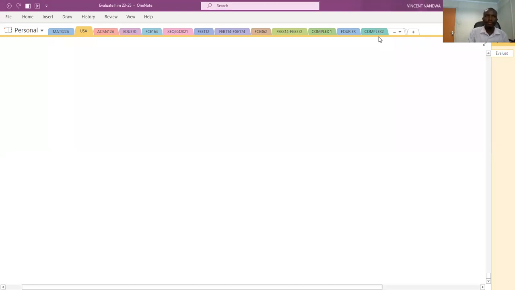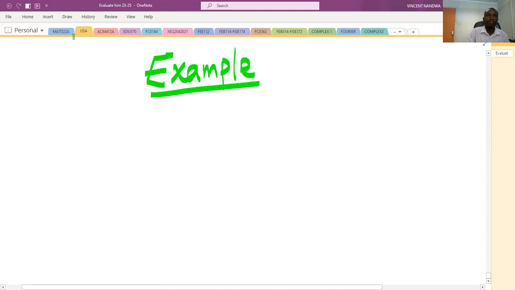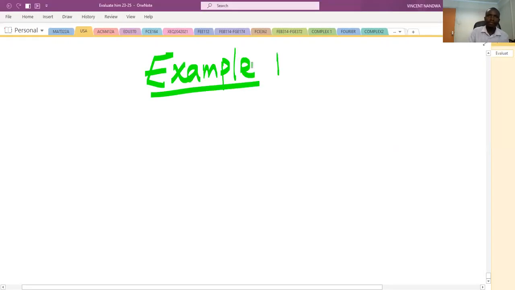So the example is: find the relative maximum and minimum values of the function f of x y given by x y minus x cubed and then minus y squared.